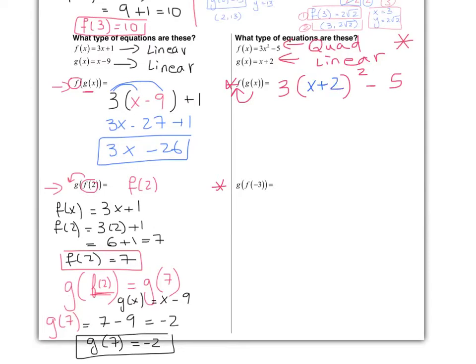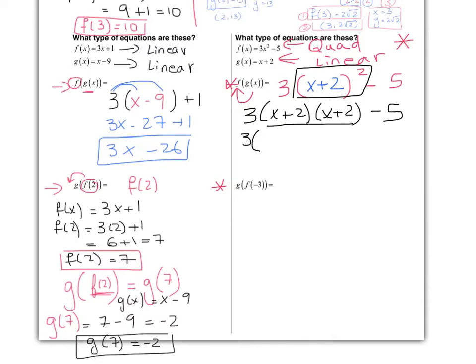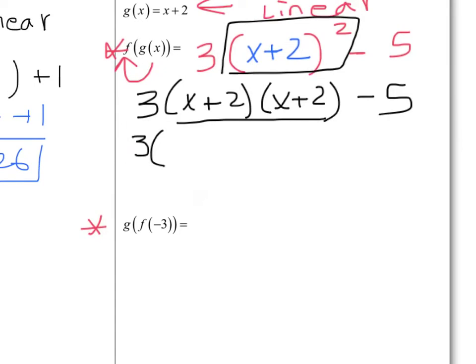Now, to solve this, remember that x plus 2 squared is x plus 2 times x plus 2. And you copy everything else. You copy the 3 and the negative 5. Now you need to FOIL this first. So keep the 3. Let me make some room. So it would be x times x, which is an x squared.